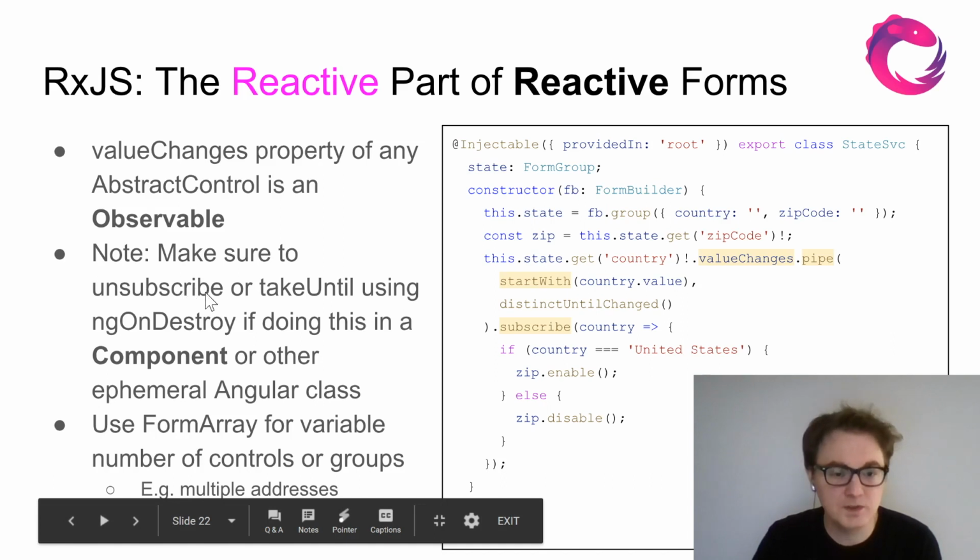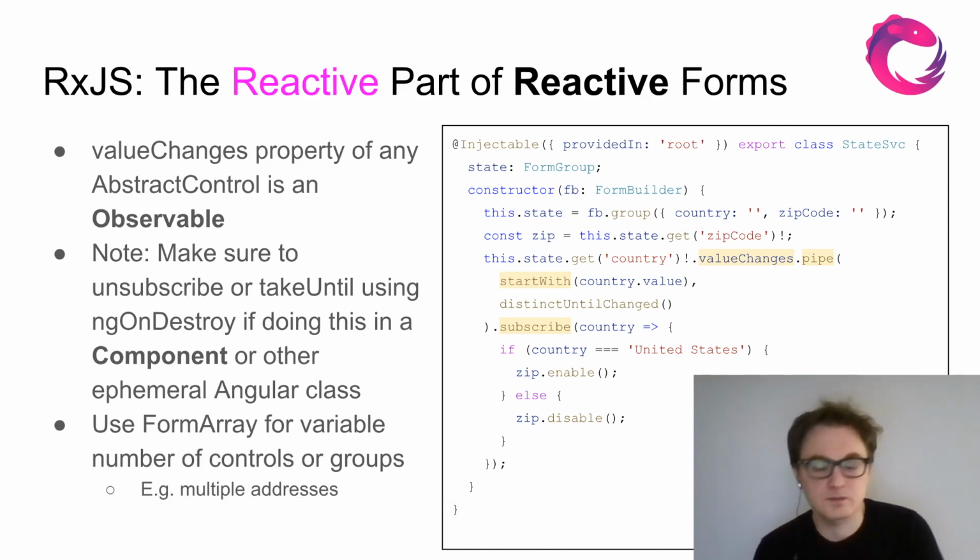A quick note, you want to make sure to unsubscribe from the observables if they exist inside of a class that has a life cycle. So components have life cycles. They are created and then they're destroyed when they're removed from the DOM.